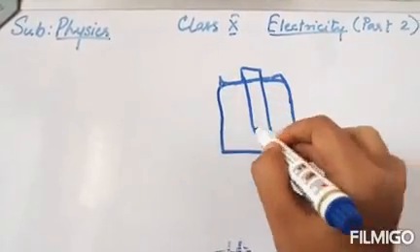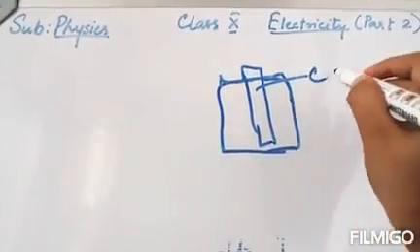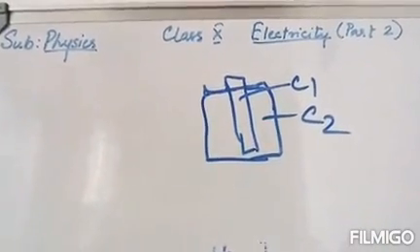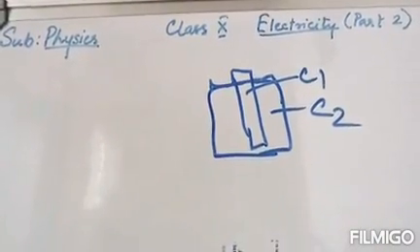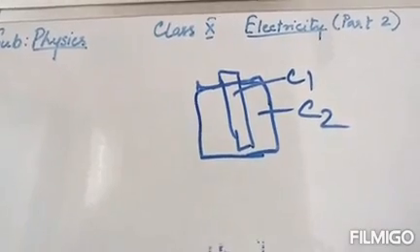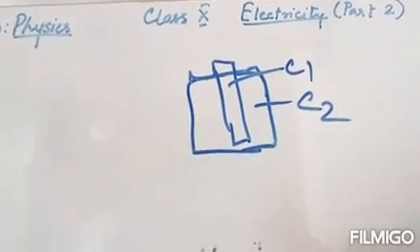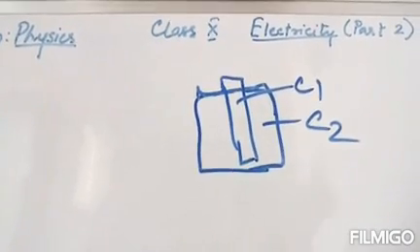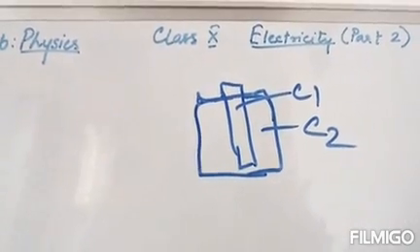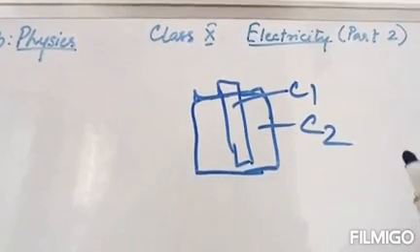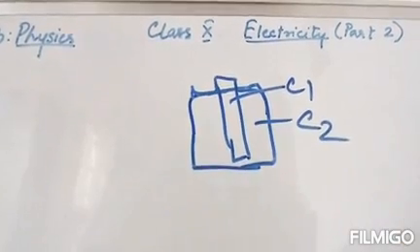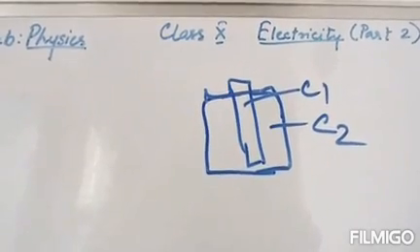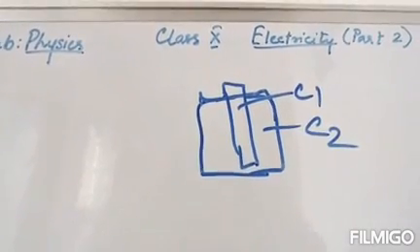Now inside the battery there are two chemicals, and what is the work of the chemicals? The work of the chemicals is to generate potential difference. What is potential difference? Potential difference means one end should be higher in concentration of electrons, and the other end will be lower in concentration of electrons.